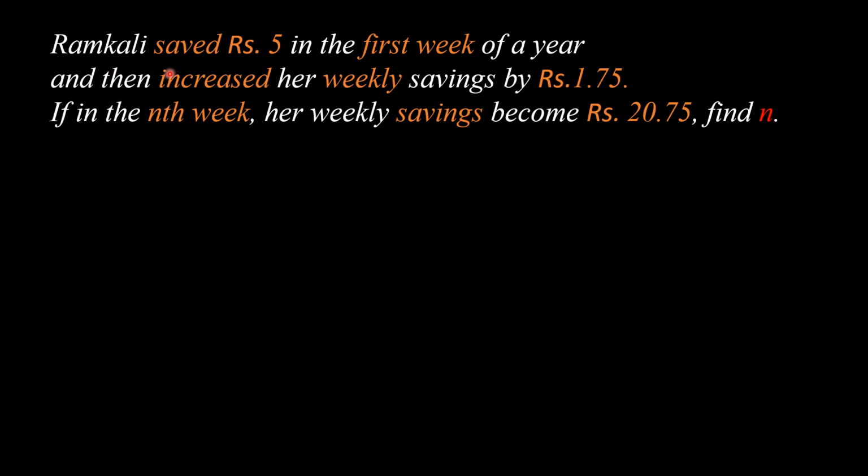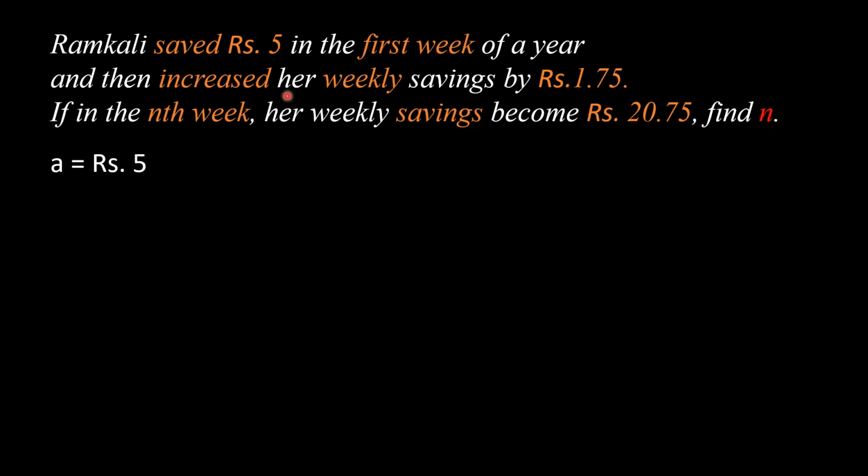Ramkali saved rupees 5 in the first week of a year and then increased her weekly savings by rupees 1.75. If in the nth week her weekly savings became rupees 20.75, we have to find n. So in this question, Ramkali saved rupees 5 in the first week suggests that the first term of the AP will be rupees 5. So a is rupees 5.